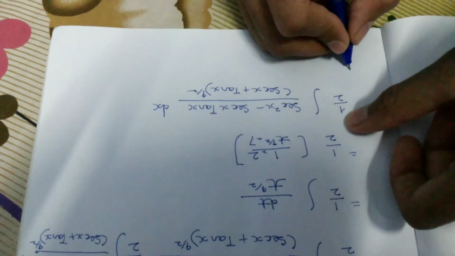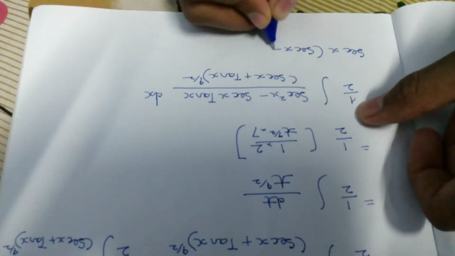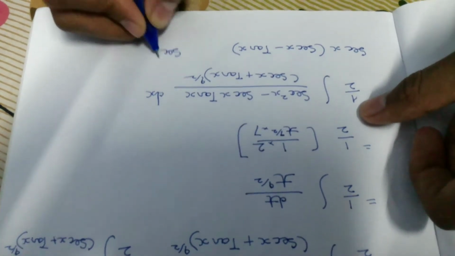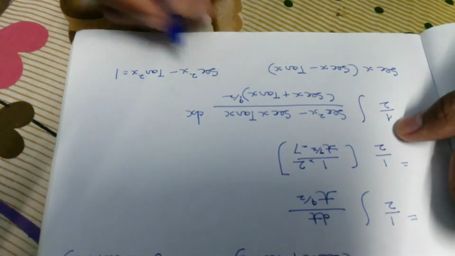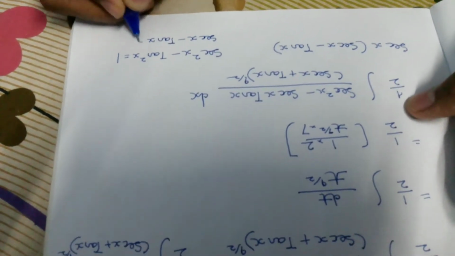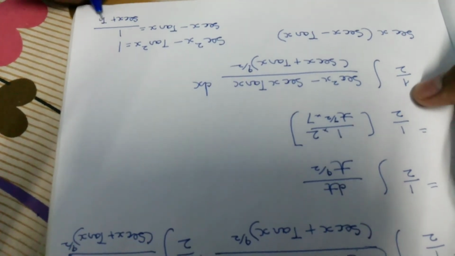So we will express it in the form of secant x into (secant x minus tan x). As we know that secant square x minus tan square x equals 1, therefore secant x minus tan x can always be written in the form of 1 upon secant x plus tan x.